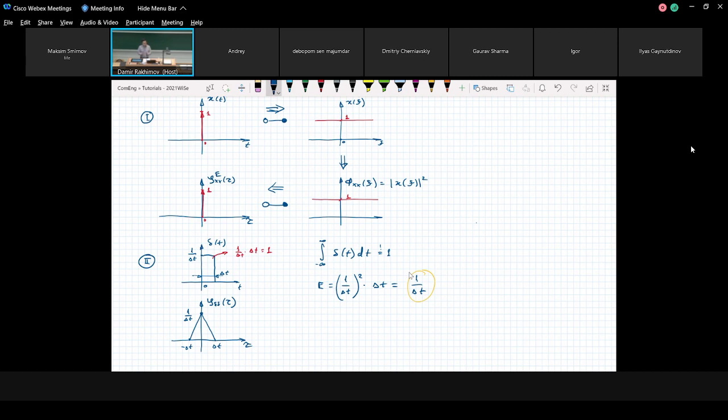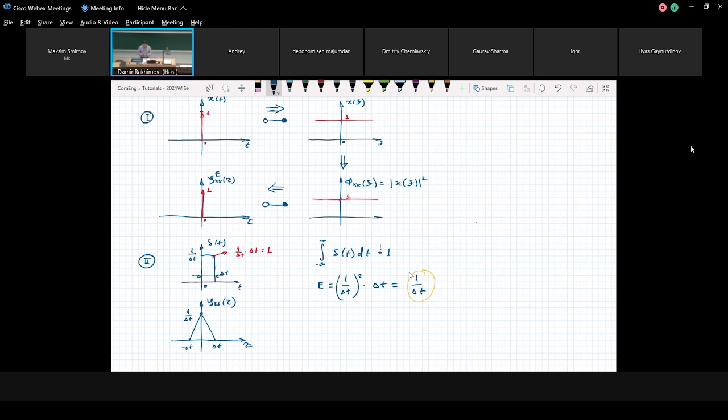At some point, we say that it's so small that we can say it's just a delta pulse. But at the same time, keep in mind that if we decrease delta t, 1 over delta t will start to grow, but the width of this triangle will shrink.